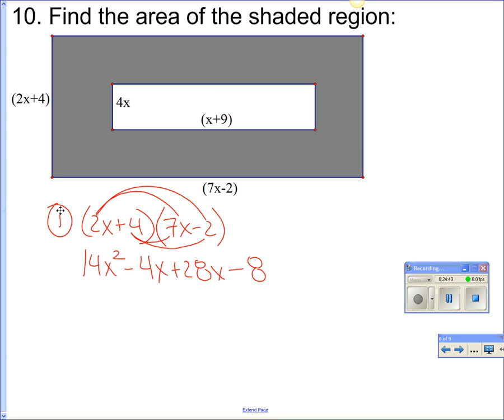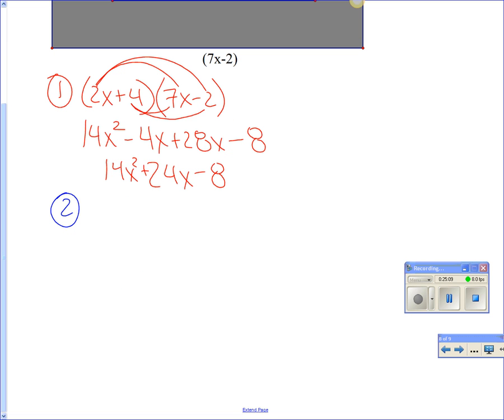Chuck, what does this simplify down to? Which gives you what? What else do I need to put? And? Good. Okay. So that is step 1. That's your big box, okay?